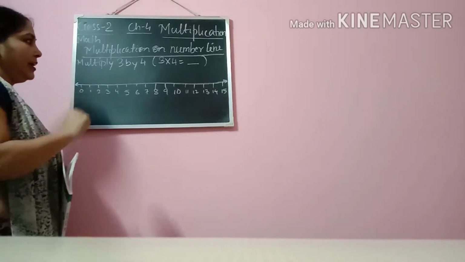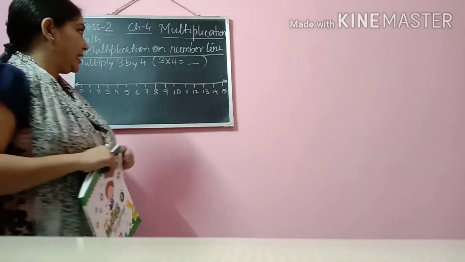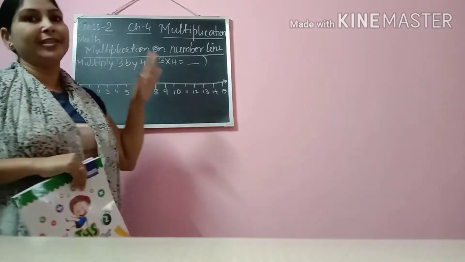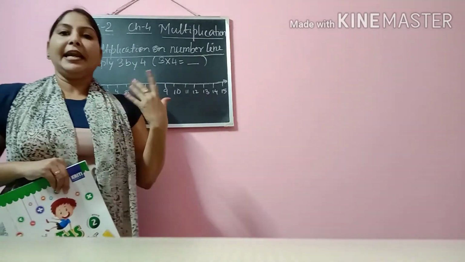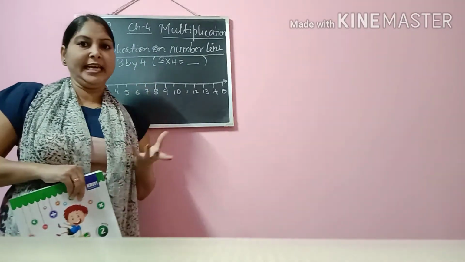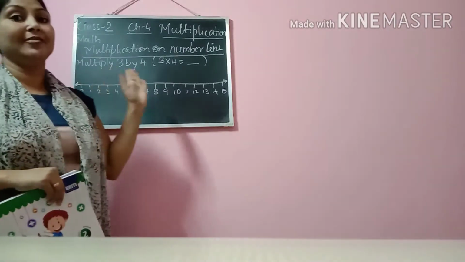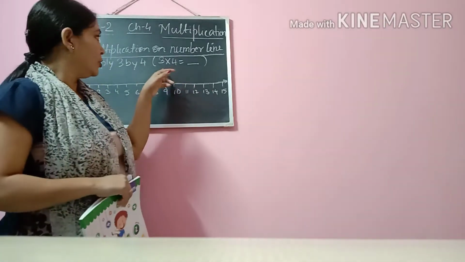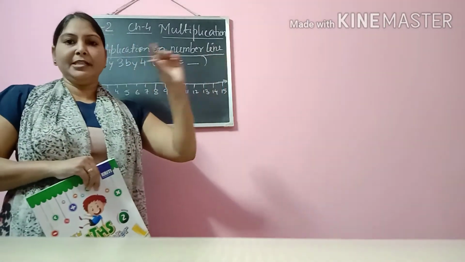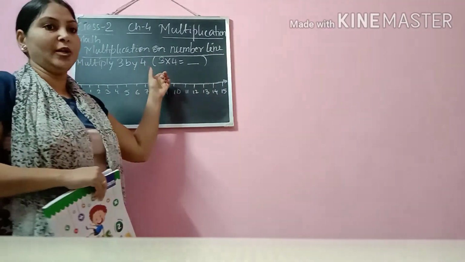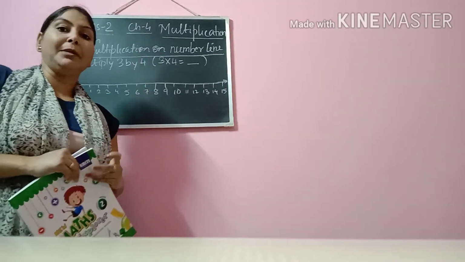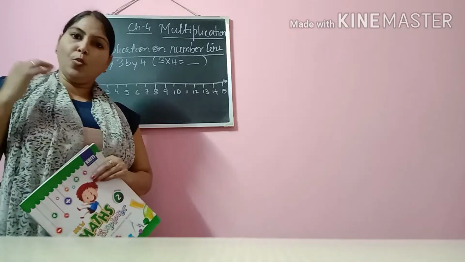So for example, here I am taking one example, that is skip by 3 numbers. In the multiplication form we say multiply 3 by 4, and we can also write it as a number statement: 3 multiplied by 4 is equal to what?